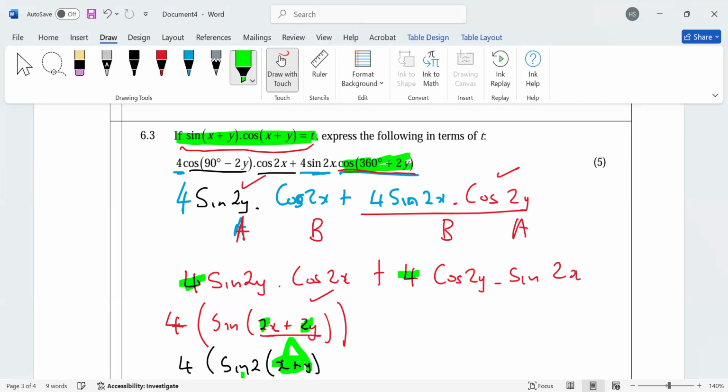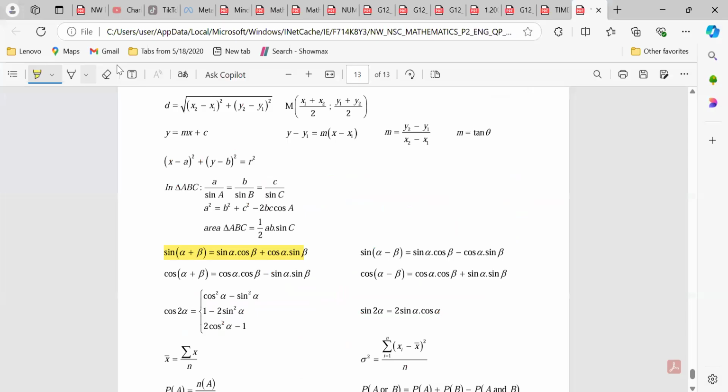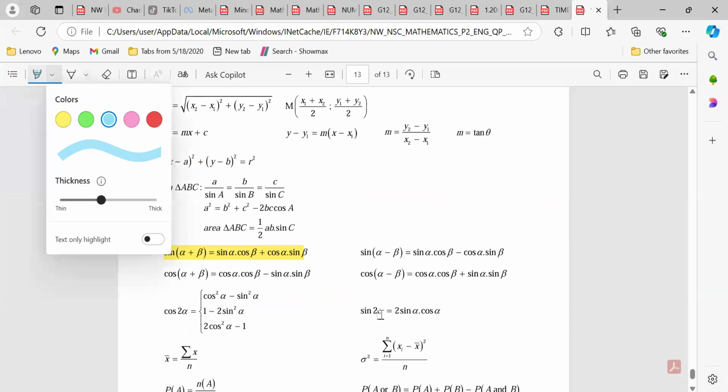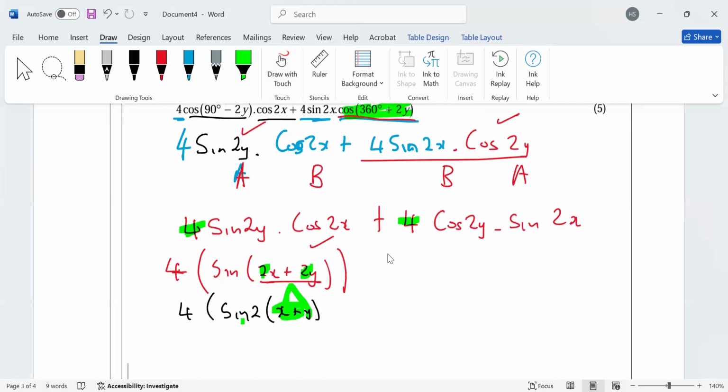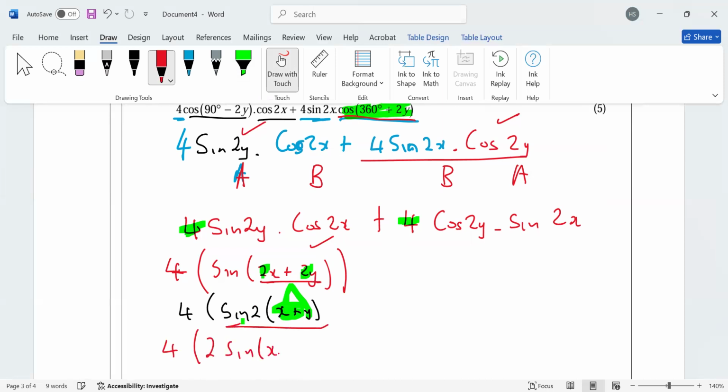Come and check what sine 2A is. You see sine 2A here, it's 2 sine A cosine A. Then it means that this whole thing can be written as 4 open bracket 2, the sine of x plus y multiplied by the cos of x plus y.